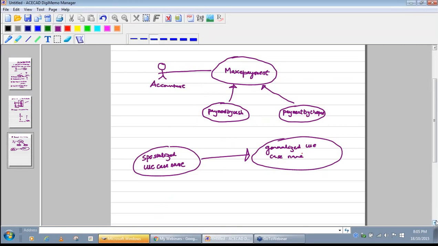So this is the generalization relationship among the use cases, and this arrow is the notation for generalization relationship.